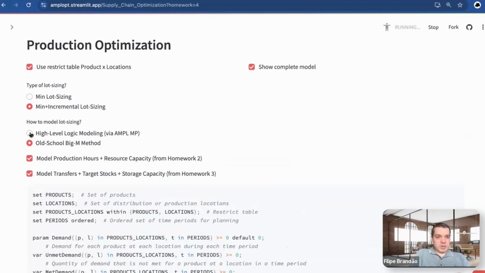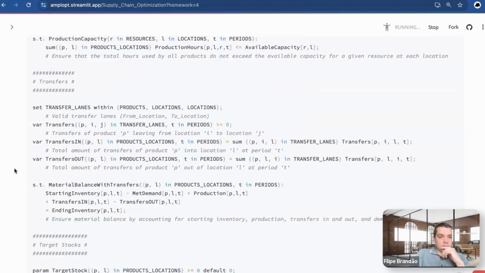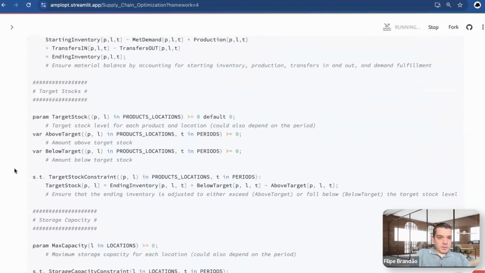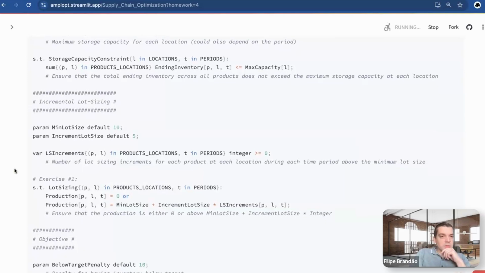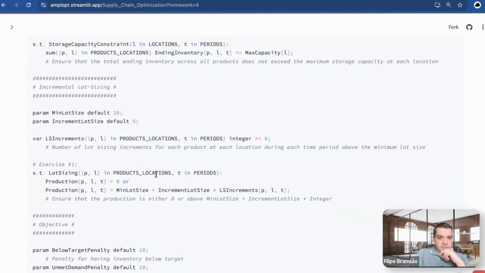Now, minimum plus incremental lot size with logic is going to again be very simple. Production is either 0 or production is equal to minimum lot size plus incremental lot size times ls increments.